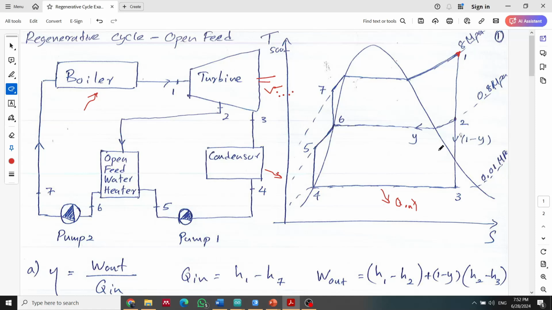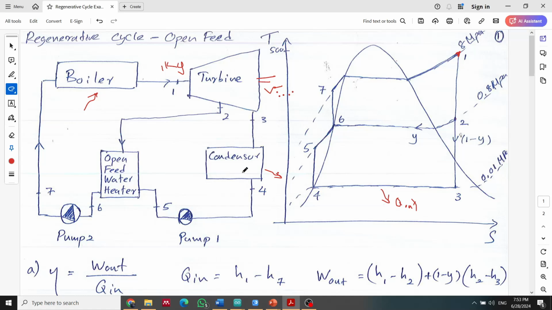Okay. And we also have another concern here, right? Because you can see, let's say you input 1 kilogram of steam. Then from that 1 kilogram, some portion will go here from 2 to 6, and some portion will continue from here.